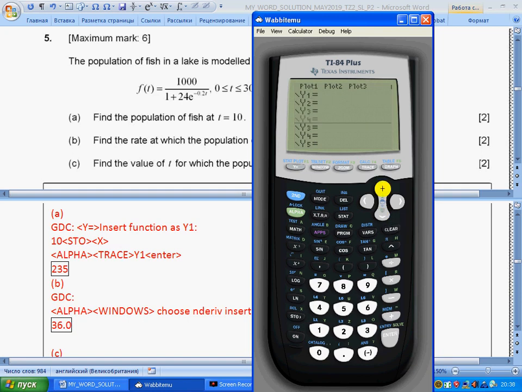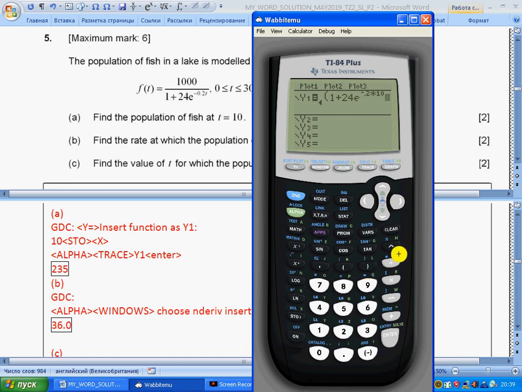Now we insert the value, so 1000 divided by bracket 1 plus 24 e raised to minus 0.2 times 10 to the right, bracket closed.